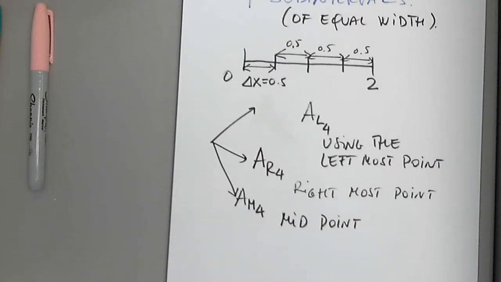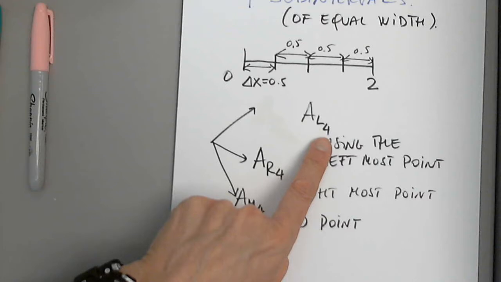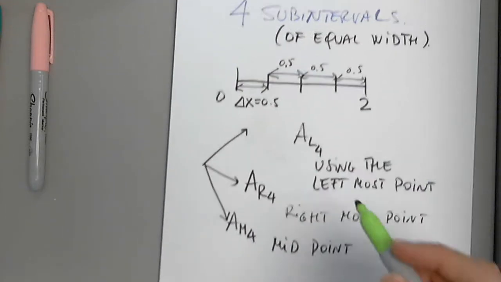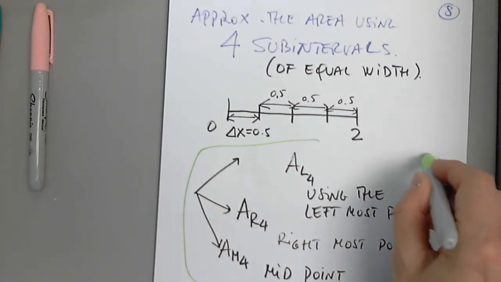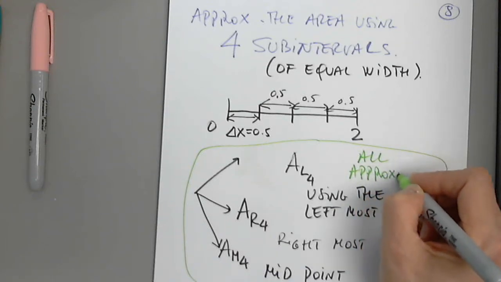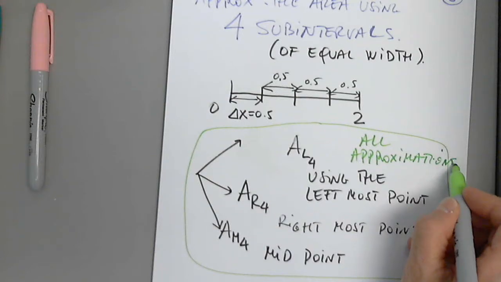Okay, so let's start with the area using the leftmost point and 4 subintervals. Ready? They are all approximations. These are all approximations. They are not exact.